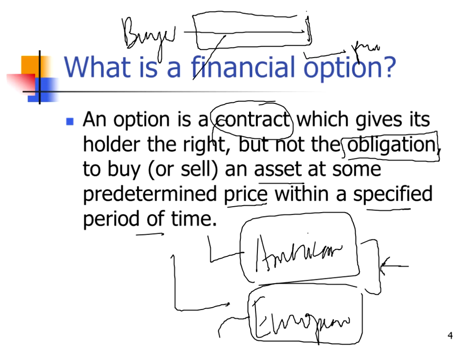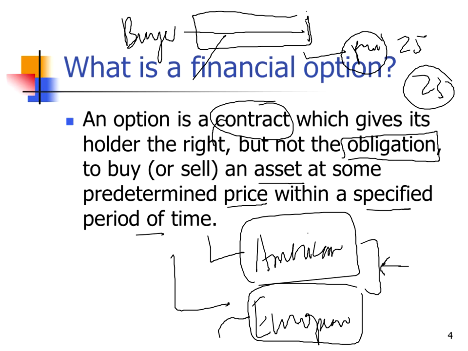So the good thing about American option is if you don't want, you will not exercise it. For example, if your option buying price is 25 and the selling price of the share in the market is 23, you won't exercise it. Why would you pay $2 more when you can just go out in the market and buy at 23, which is cheaper?